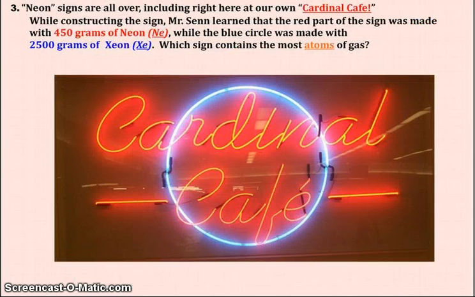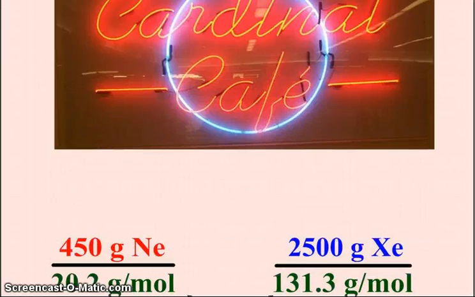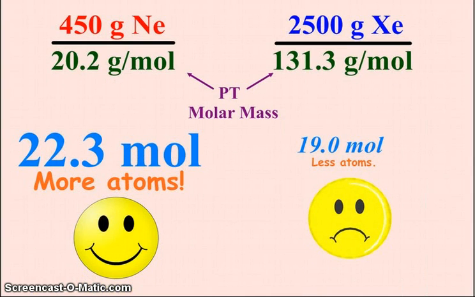Question 3. In that neon sign in the Cardinal Cafe, the red portion was made with 450 grams of neon. The blue circle was made with 2,500 grams of xenon. So which sign contains the most atoms? You can see there's a significantly larger amount of xenon gas in grams. But does that translate to atoms? Here's what you've got to look at.